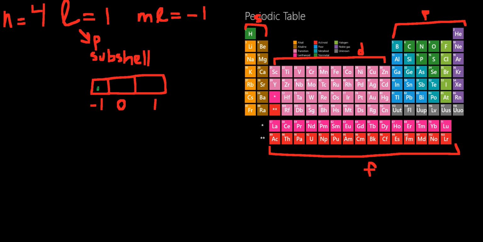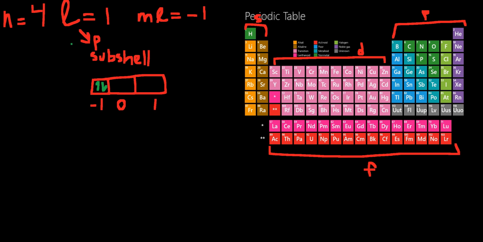We won't know specifically whether it's the one facing up or the one facing down, but we were able to narrow it down. So we determined that the electron is in the -1 orbital of the P subshell of the fourth level.